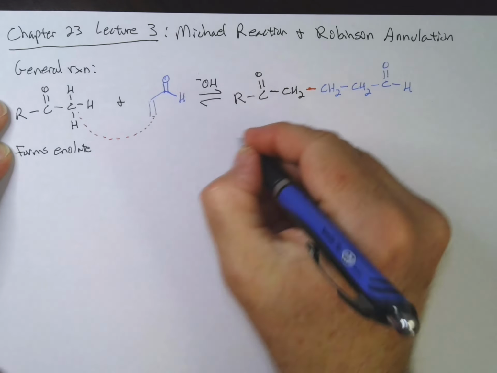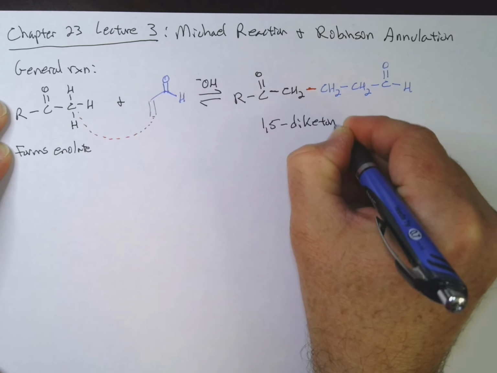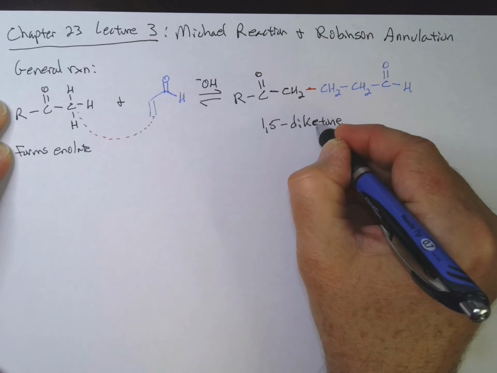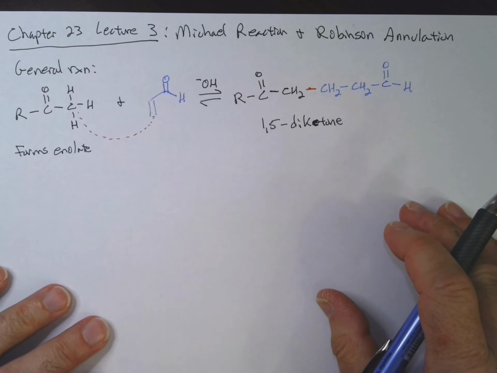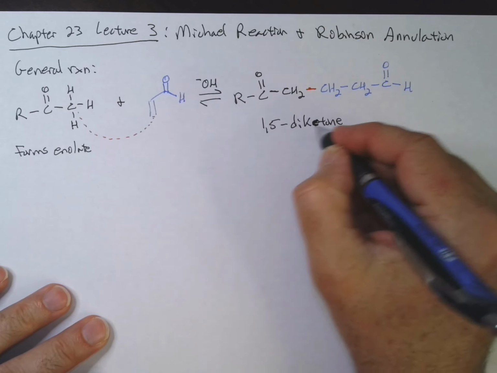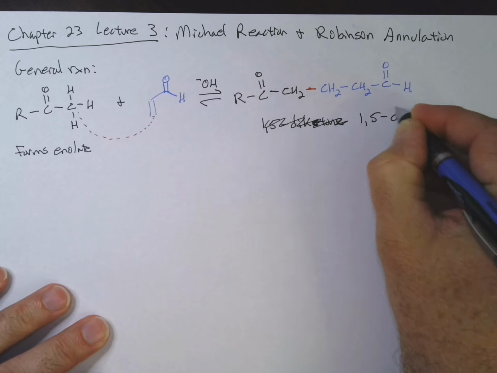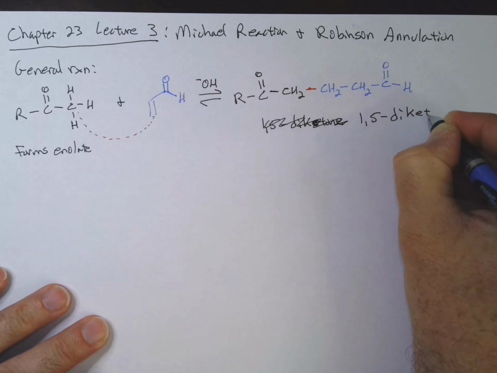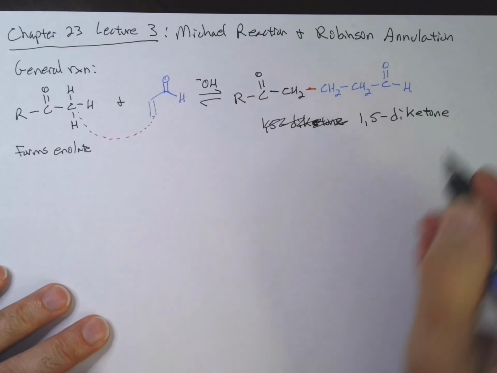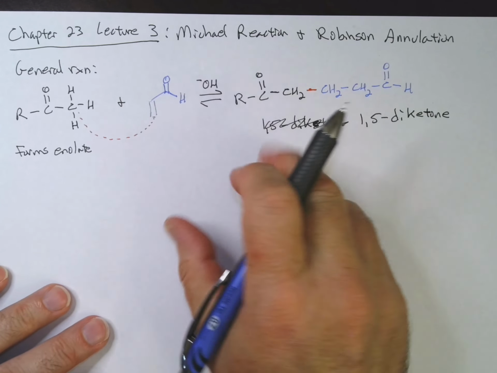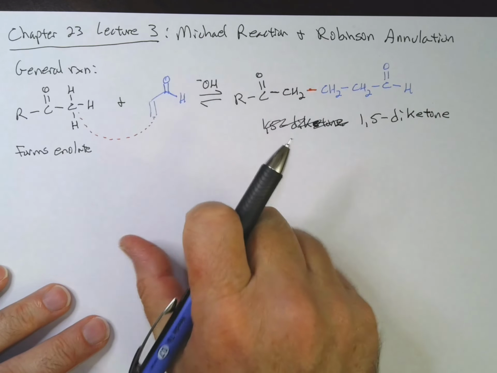We get a 1,5 diketone. I guess this is an aldehyde and a ketone, but anyway, the diketo species, 1,5 diketone. So this is our new bond between carbons 2 and 3 of our 1,5 diketone.